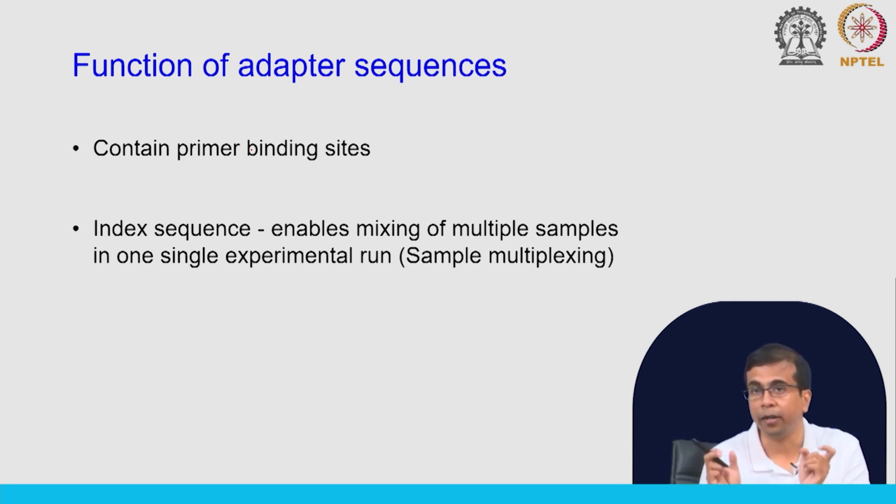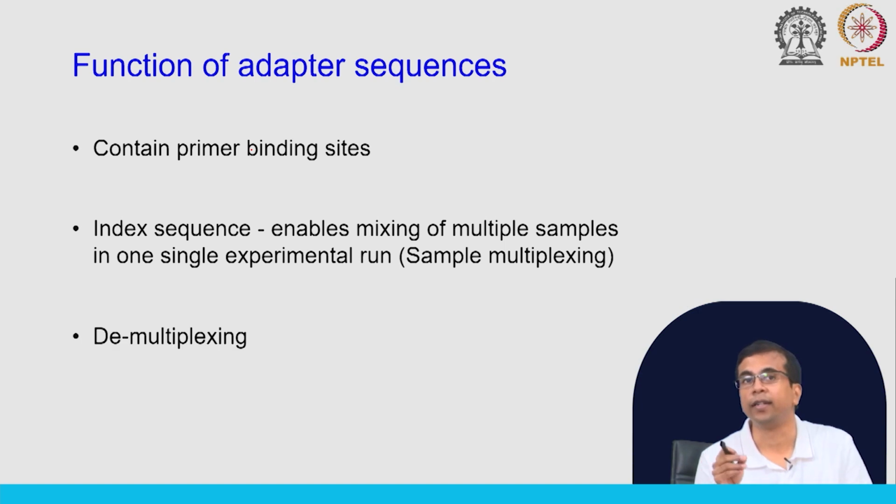To do that, you use these index sequences, and you can have one unique index sequence per sample. So, if you are mixing 96 samples, each of them will have a unique index sequence, and this process is known as sample multiplexing, where we can mix multiple samples with these index sequences. Once the sequencing is done, we can look at these index sequences and separate out the samples. This is known as demultiplexing. So, there are two terms, sample multiplexing and sample demultiplexing.